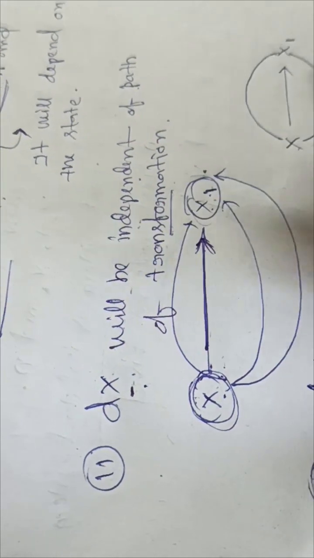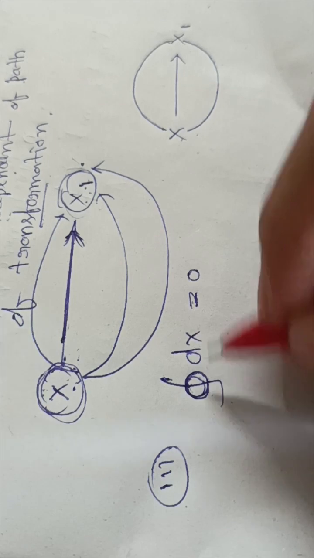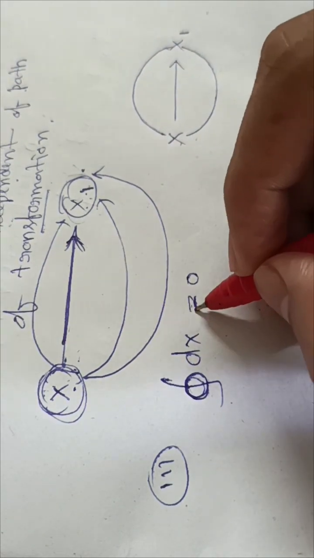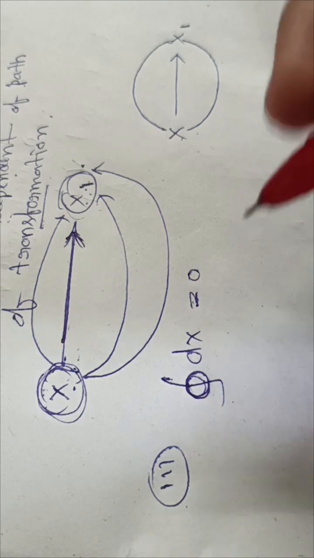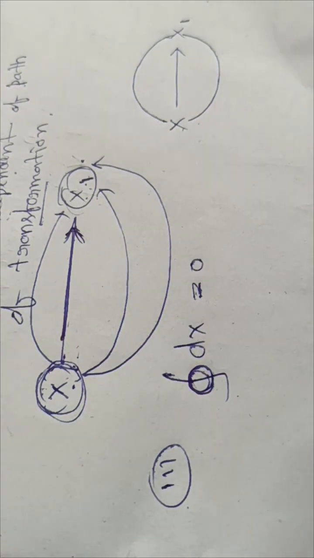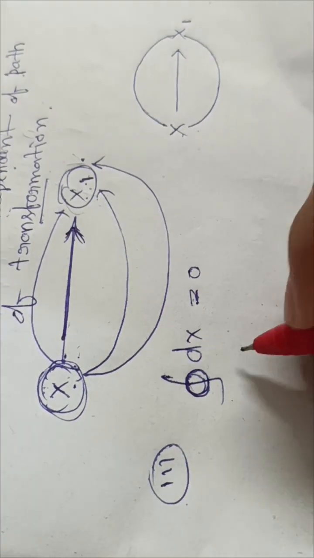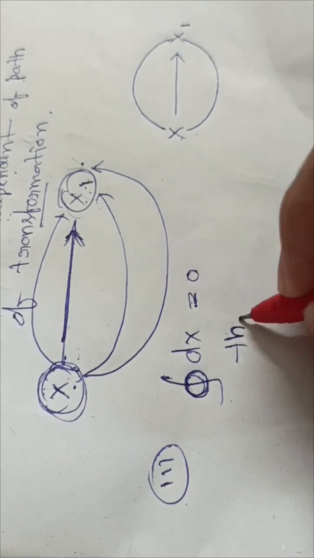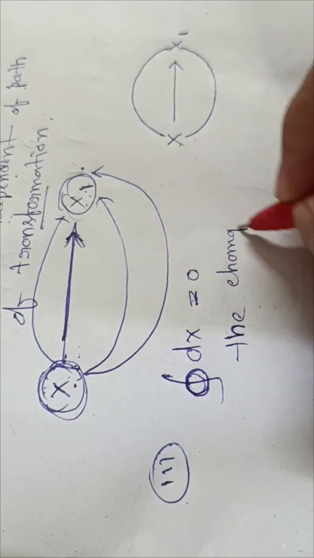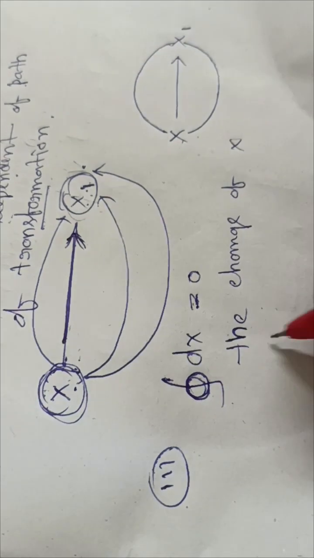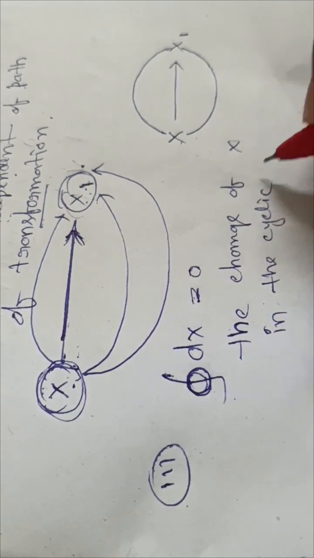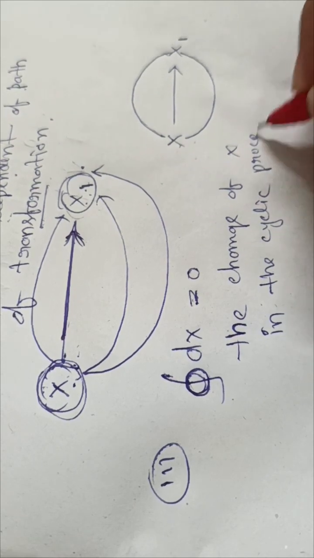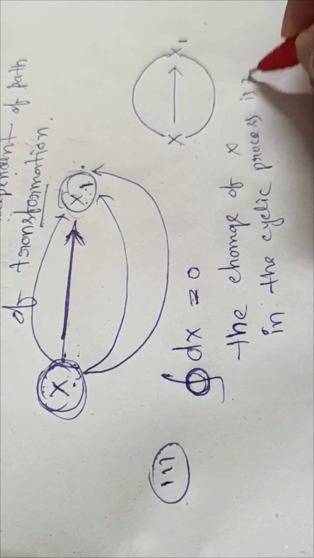So as it is independent, the whole path integral will be 0. That is, the change of x of the system in a cyclic process is 0.